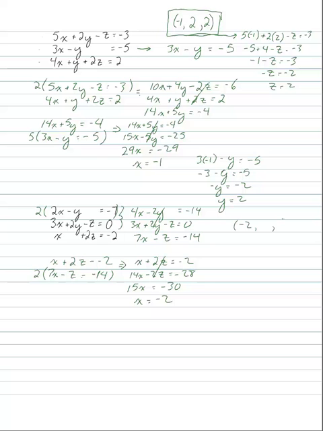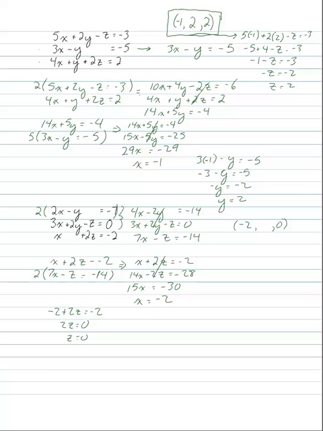Working backwards, seems easiest to find my z next. So I'm going to sub it into my first equation this time, because why not? Negative 2 plus 2z equals negative 2. So 2z equals 0, z equals 0.